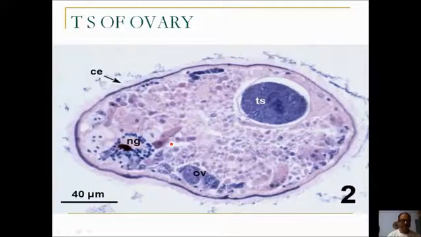Now, as testis was the important part of the human male reproductive system, similarly the ovary is an important structure involved in the formation of the female gamete, that is the egg or ovum.